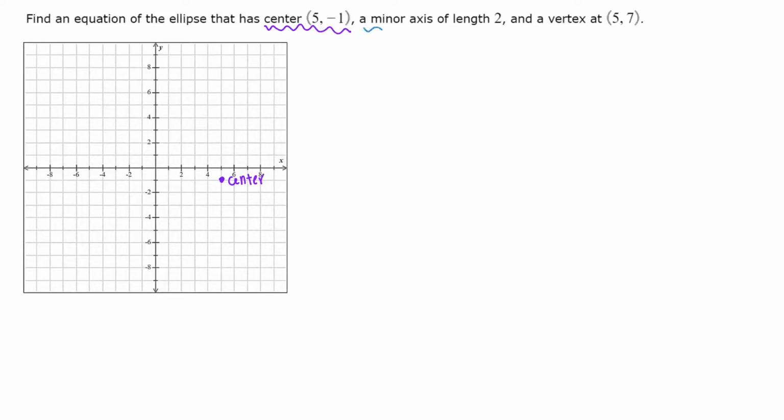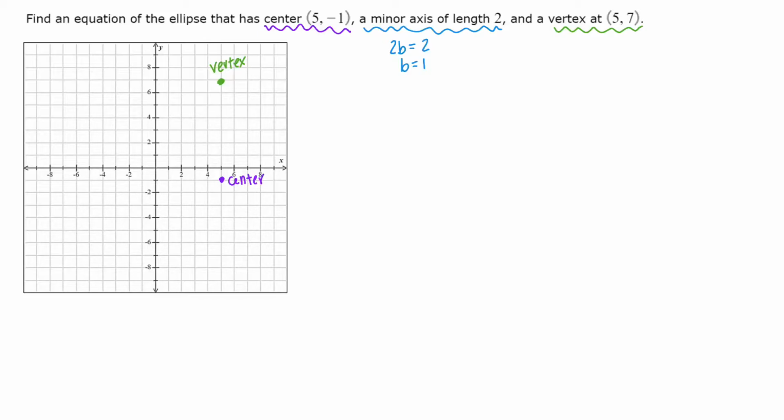There's a minor axis of length 2. So the minor axis has length 2b. If 2b is equal to 2, that means that b is equal to 1. And then finally, we know that there is a vertex at 5, 7. So over 5 up 7 puts us right here.